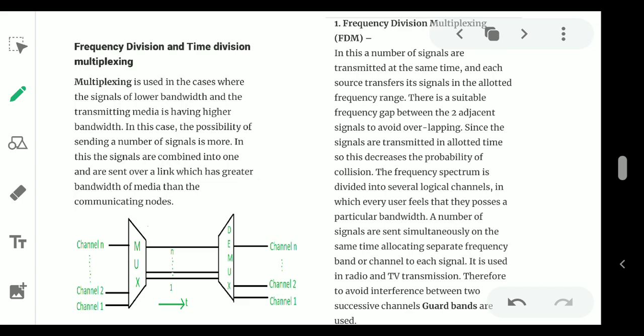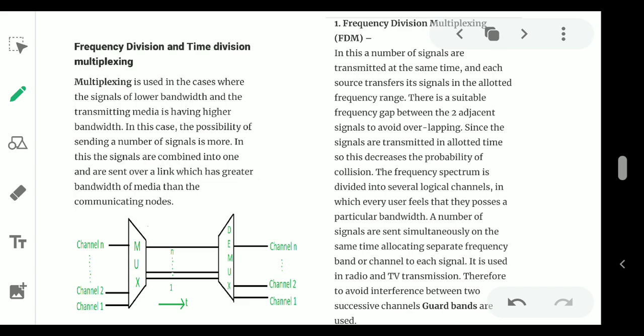Now, coming to the different types of multiplexing. First one is frequency division multiplexing. In FDM, different frequencies are used to carry the different signals generated by each transmitting device. A multiplexer is used to modulate each carrier frequency with an input signal and then transmit them simultaneously across the channel.